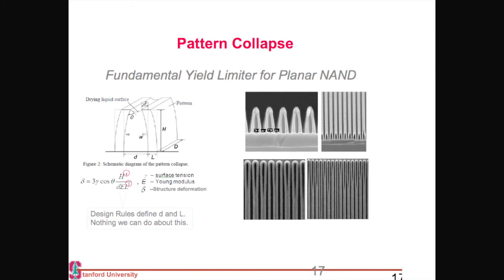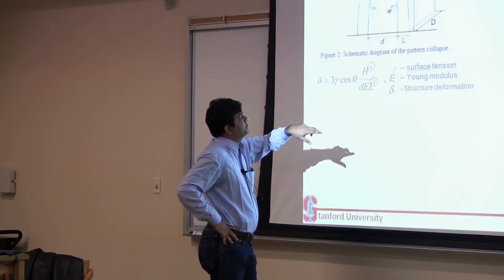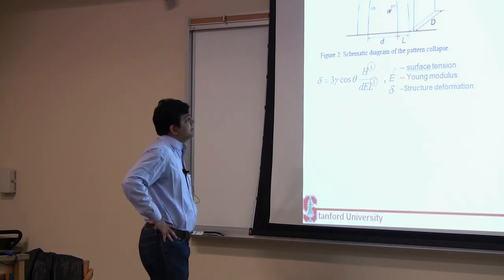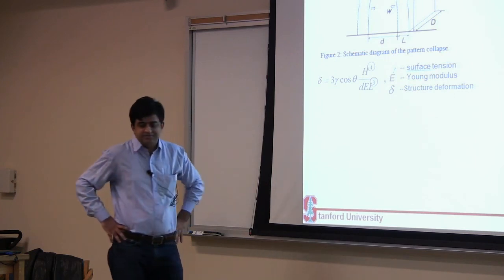It's a fourth power of how tall it is, and it's inversely dependent on the third power of how wide the structure is. And as we saw, most of these structures are becoming taller and thinner. So this problem just multiplies up, and you get a lot of collapse of these structures.